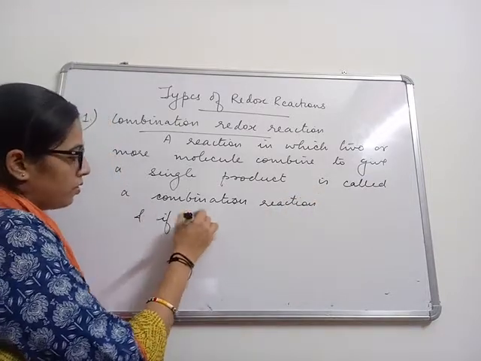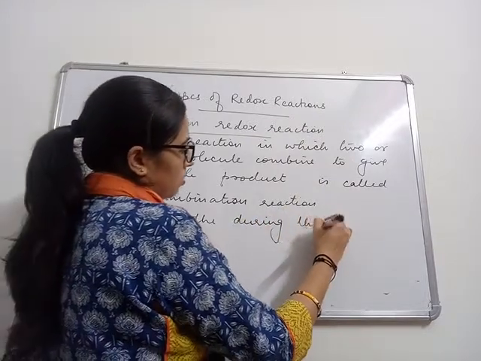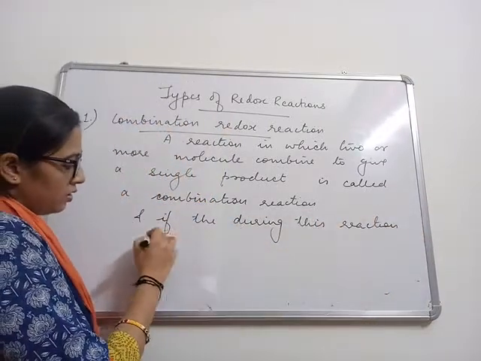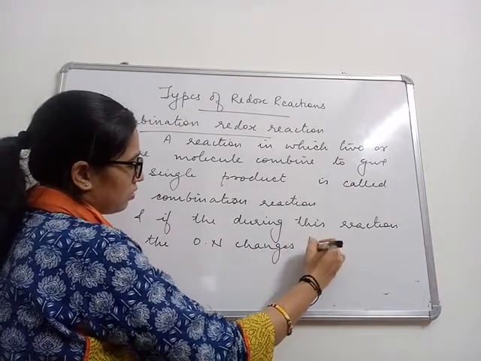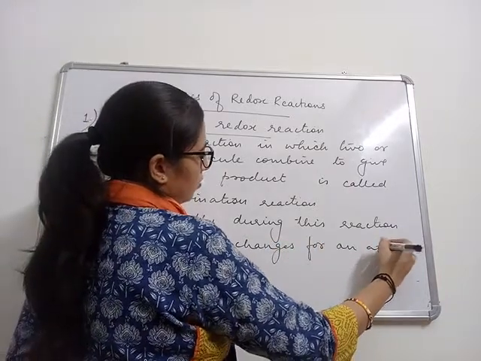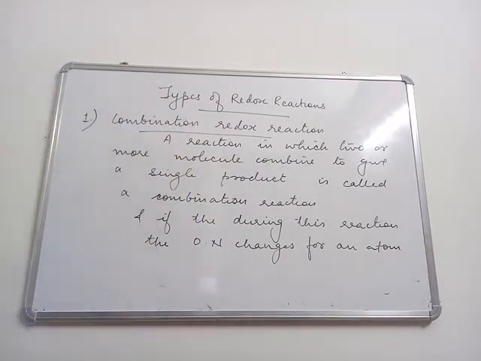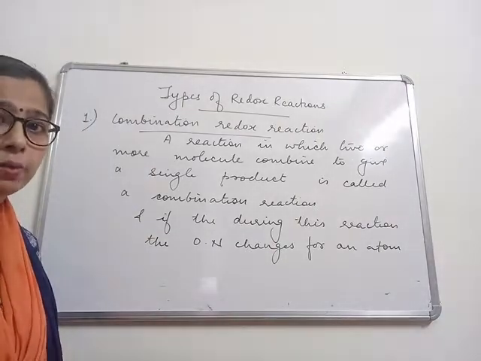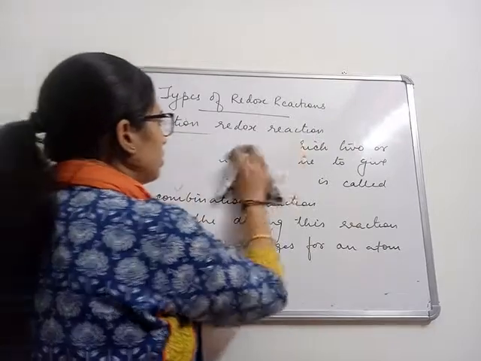And if during this reaction the oxidation number changes for an atom, then it is called a combination redox reaction. So combination redox reaction means it should combine as well as there should be a change in oxidation number. That means there should be a redox reaction. Only then it will be a type of redox reaction.